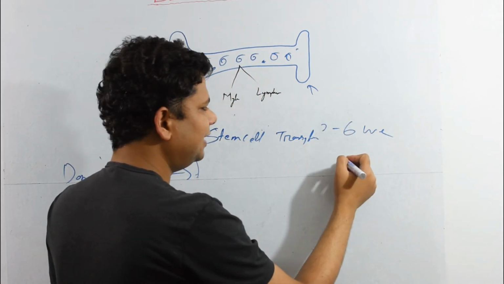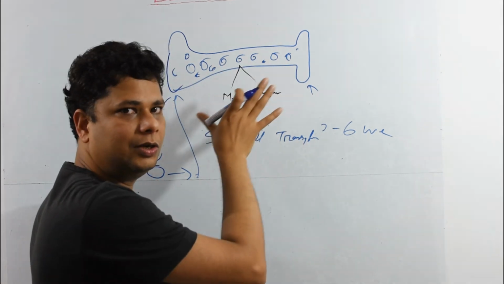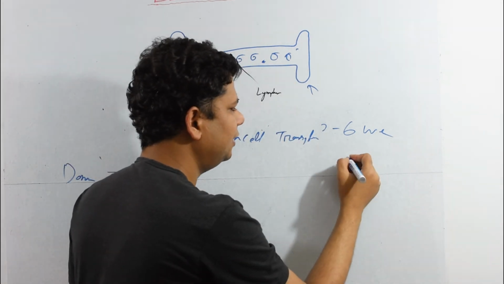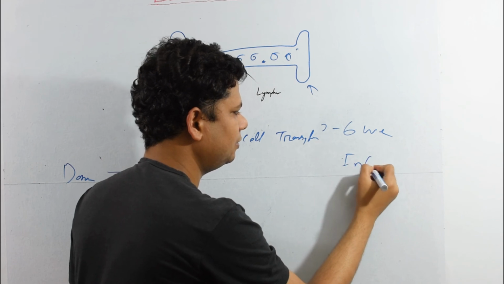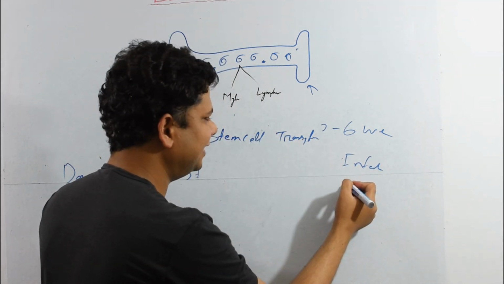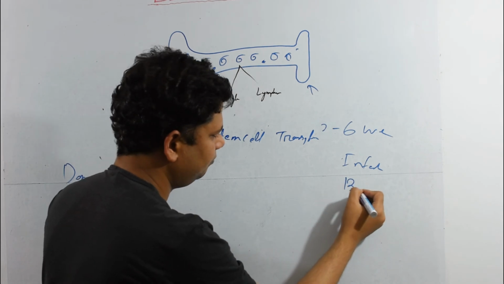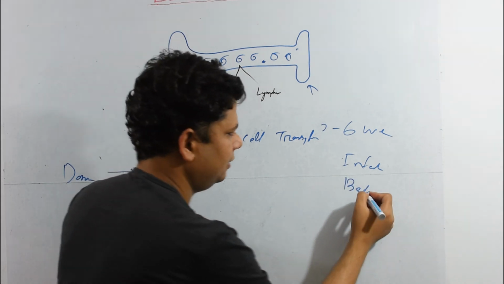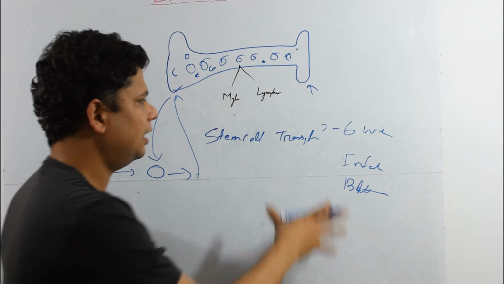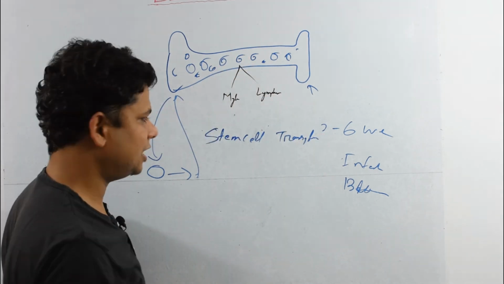In that period, because there are no leukocytes or immune cells, there is a high chance that you get infection, and also a chance that you get bleeding disorders, because there are no platelets. So these are the problems related to stem cell transplantation.